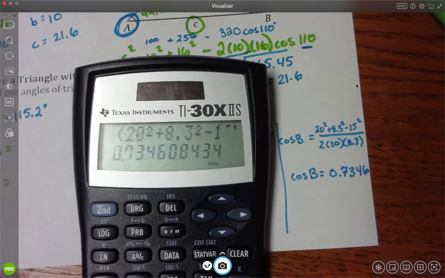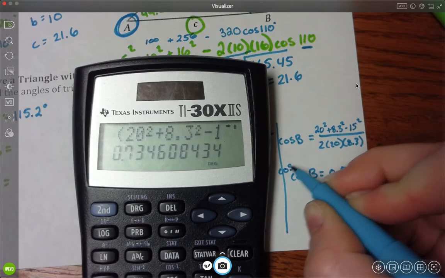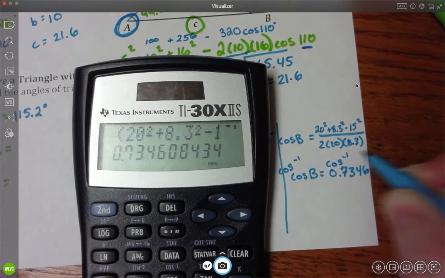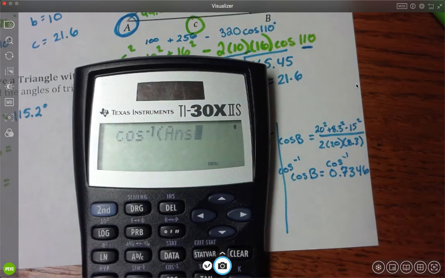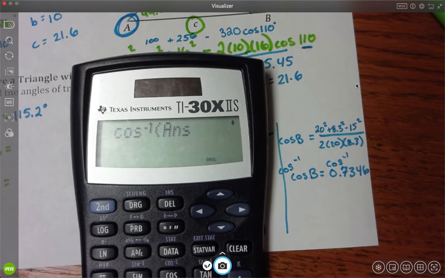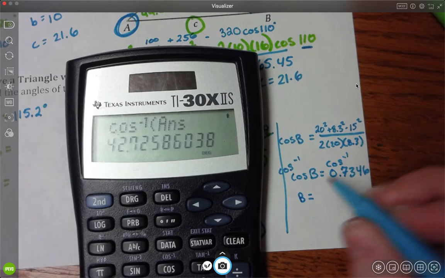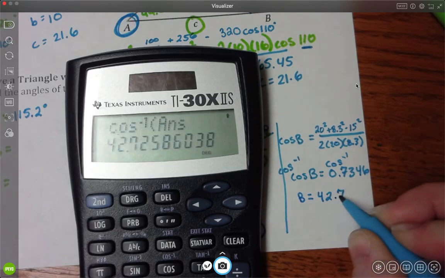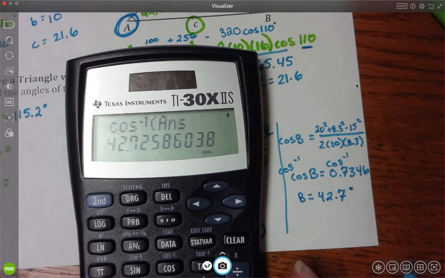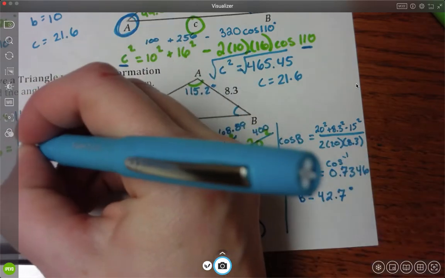Now we have to do the inverse. I'm going to do inverse of the answer. You can do this all in your calculator too, use the answer and not have to retype everything. 42.7 degrees-ish. That's what B was, 42.7 degrees.